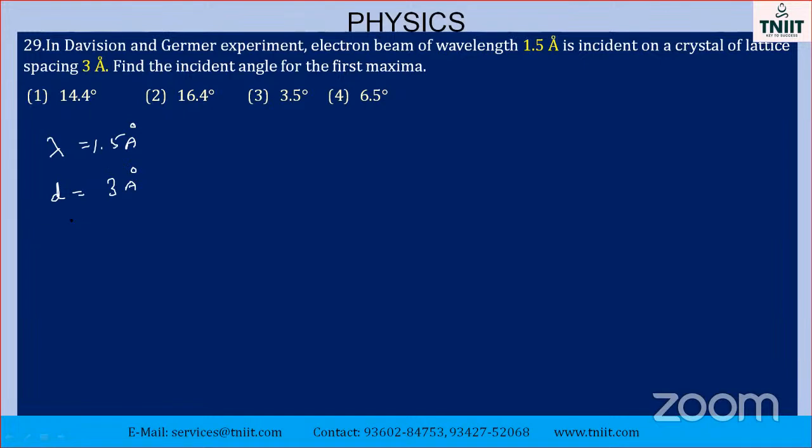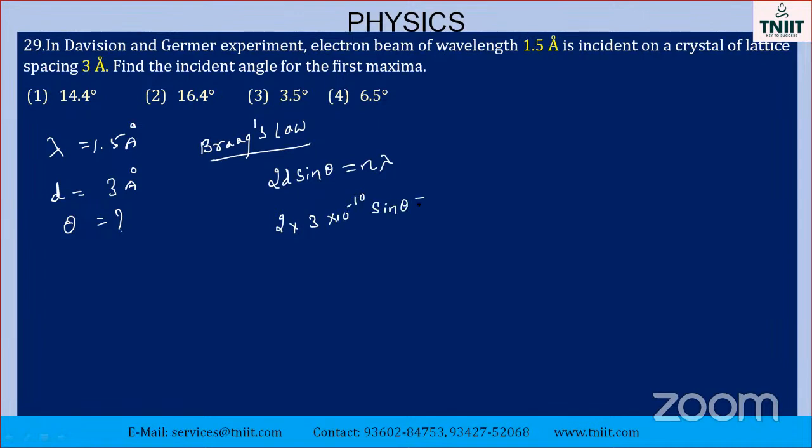What is the incident angle theta? You know that the Davisson and Germer experiment uses the concept of Bragg's law, which is given by 2d sin theta equals n lambda. So 2 into d, which is 3 angstrom. We don't know theta, you have to find it. We are calculating for the first maxima, so n is 1, lambda is 1.5 angstrom.